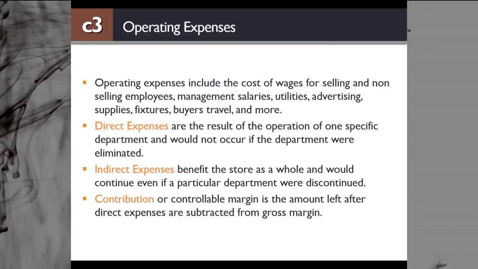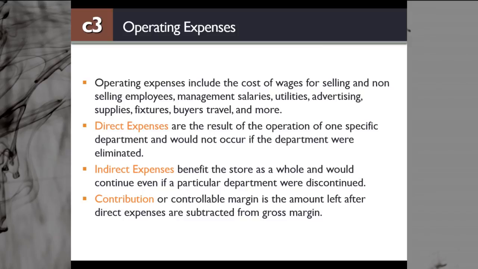And the second, indirect expenses, is something that benefits the store as a whole and would continue even if a particular department were discontinued. Such as the rent or insurance or store maintenance fee, these kinds of expenses can be considered indirect expenses.